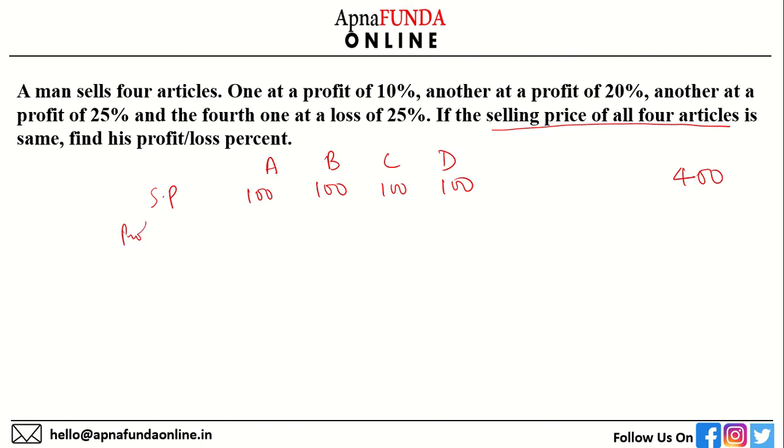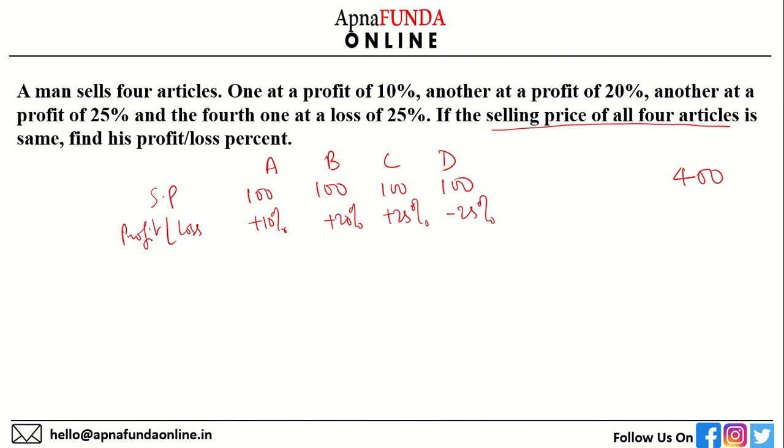Now the profit or loss percent is plus 10 in this case, plus 20 in this case, plus 25 in this case, and the last one minus 25 since it's a loss. So the value that we have is very different, unlike last time, because in this case our base values are different.